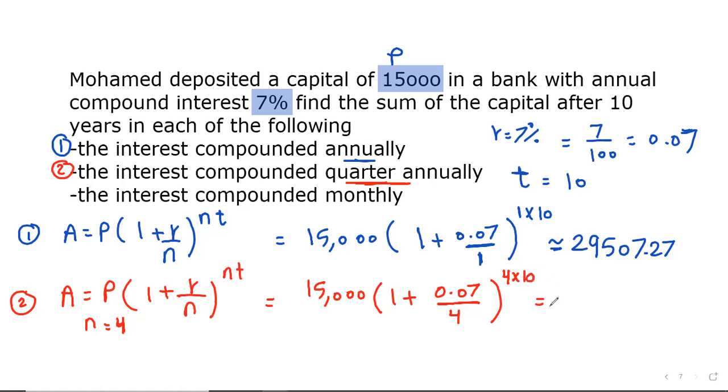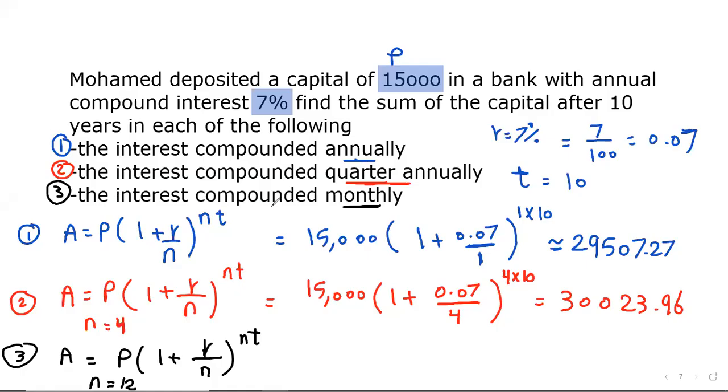By using the calculator, it will be 3,023.96 pounds. This is the amount of money he will get after 10 years if the interest is compounded quarterly.